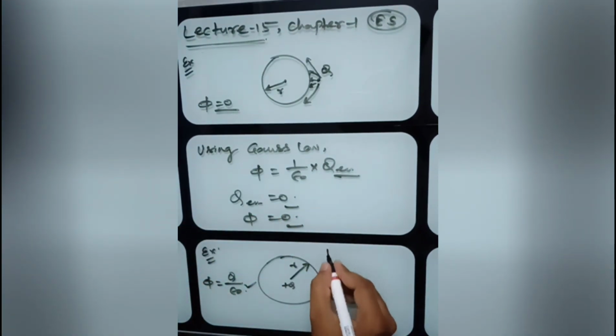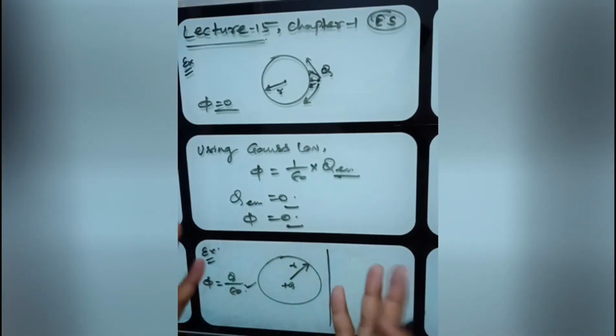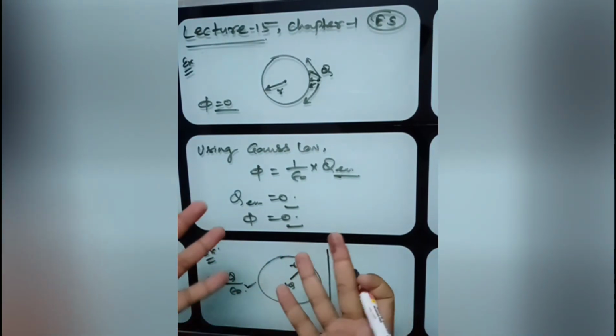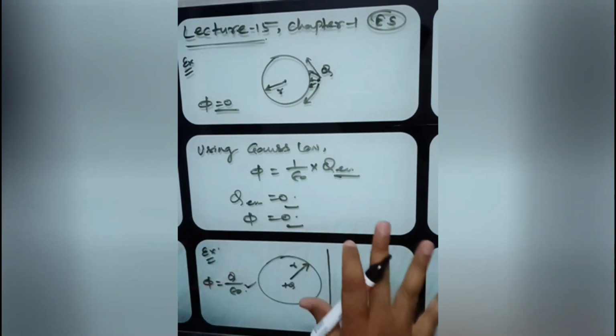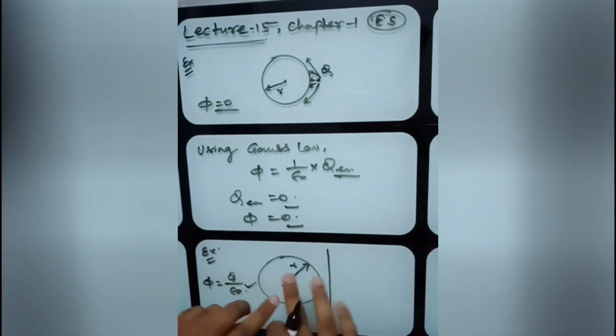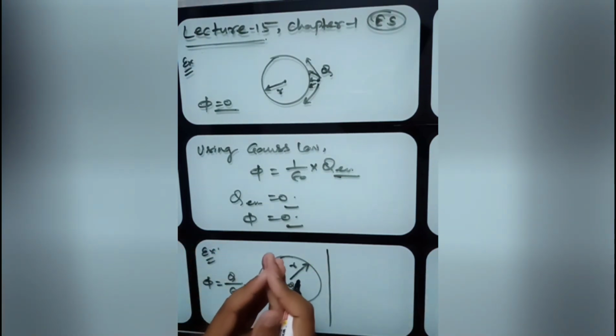The answer is it will not encounter more electric field lines, because the sphere is not responsible for creating the electric field lines. Electric field lines are created by this charge, and the charge has nothing to do with whether the surface area is increasing or decreasing. Okay, it's very simple.